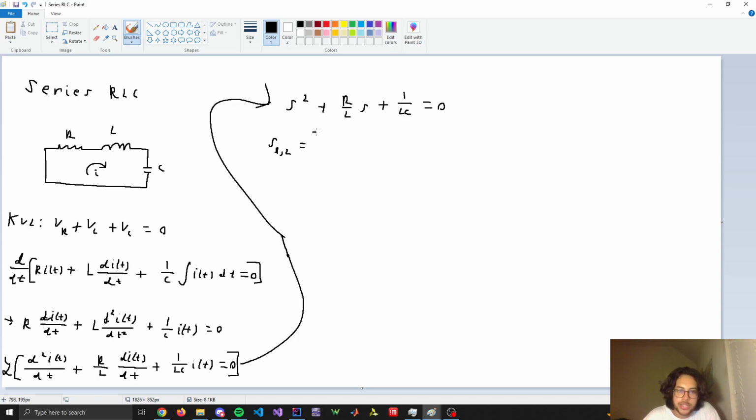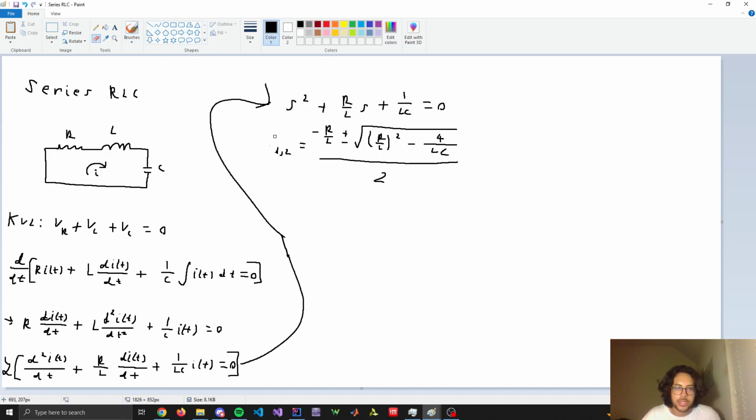Well, the quadratic equation says this could be equal to negative R over L plus minus the square root of R over L squared minus 4 over LC, all over 2. And so now we have a pair of natural frequencies.